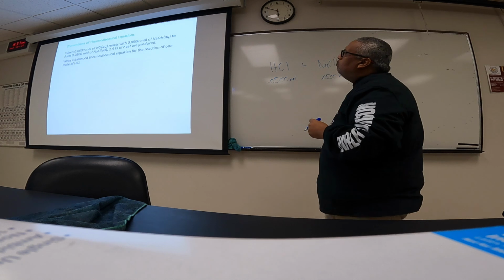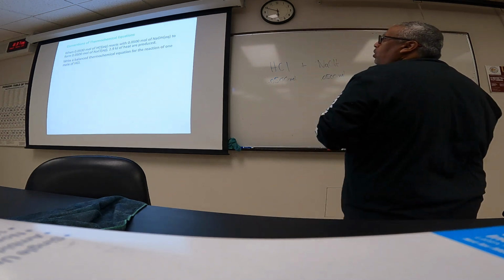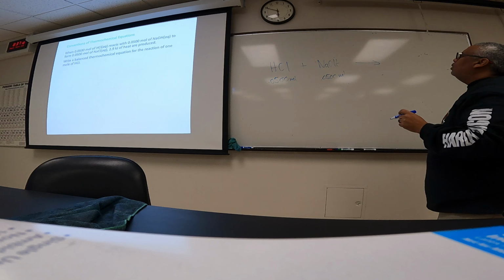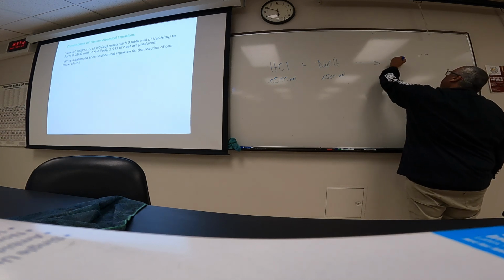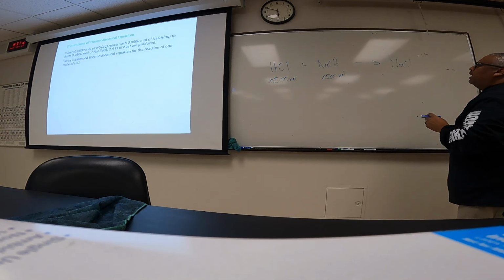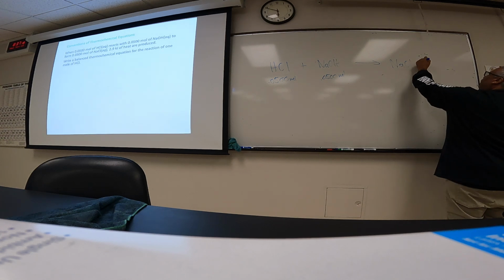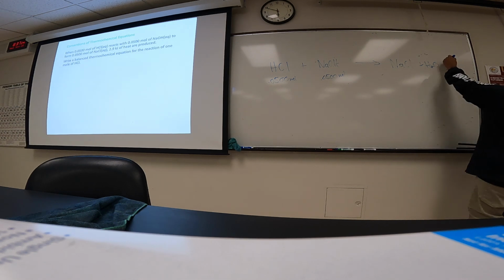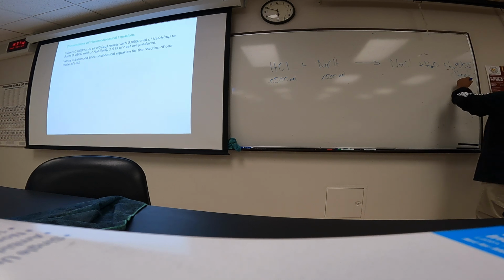It's going to form some sodium chloride. Not only sodium chloride, we're also going to get some water from this, but we're also going to get 2.9 kilojoules of heat.